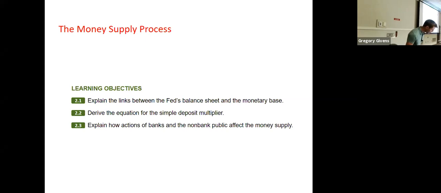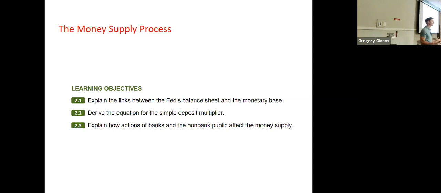The last step that we will look at is to explain how the actions of the private sector, in particular, the actions of banks, as well as the non-bank public, so like businesses and individual households, affect the total money supply. Turns out that the central bank, the Federal Reserve, does not have perfect control of the money supply.